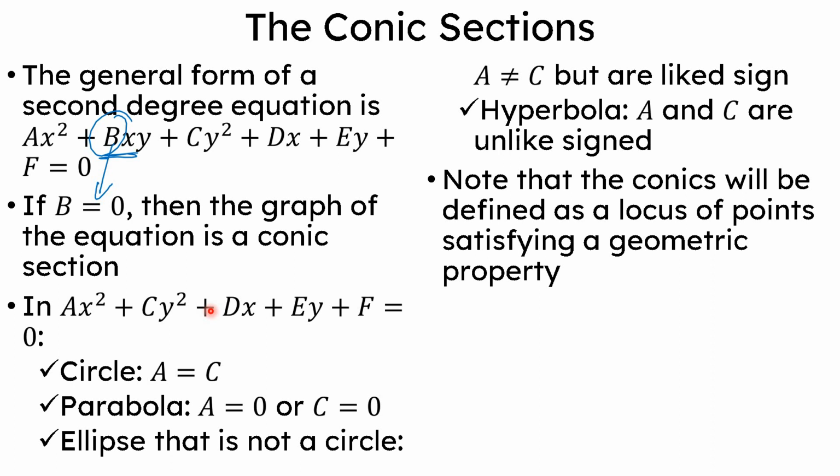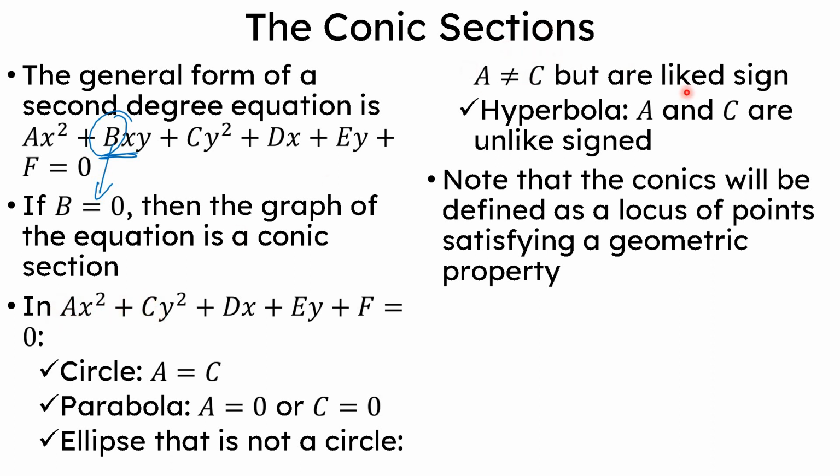The question is, when is it a specific type of conic? Ganito. Once A is equal to C, then it is an equation of a circle. If A is equal to 0 or C equals 0, it is a parabola. An ellipse that is not a circle, A is not equal to C, pero they're both either negative or both positive.